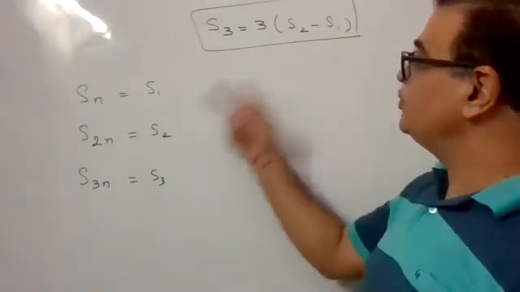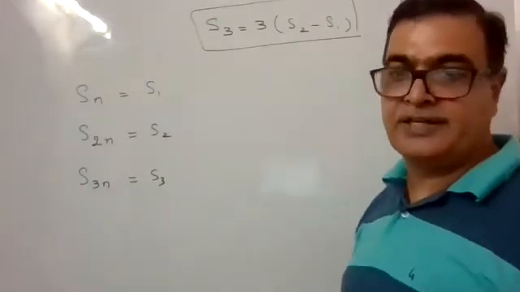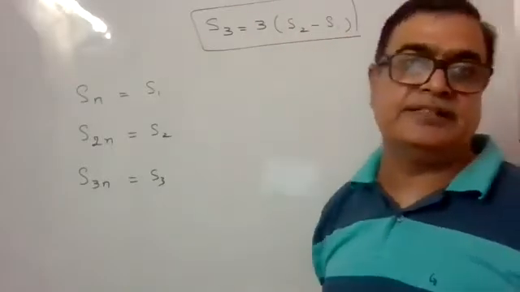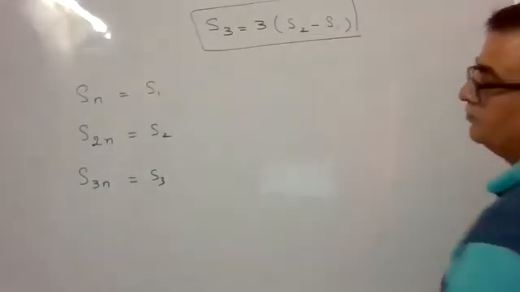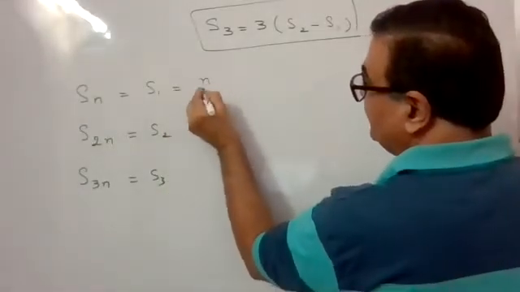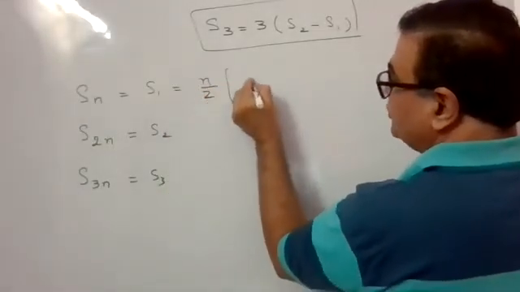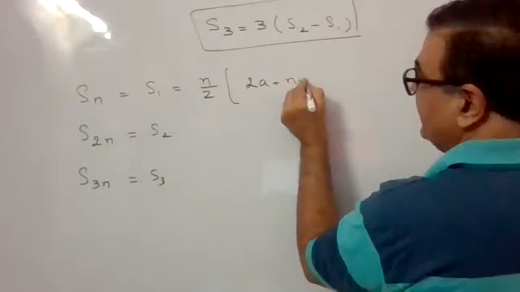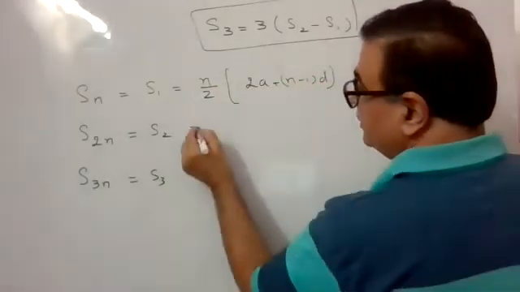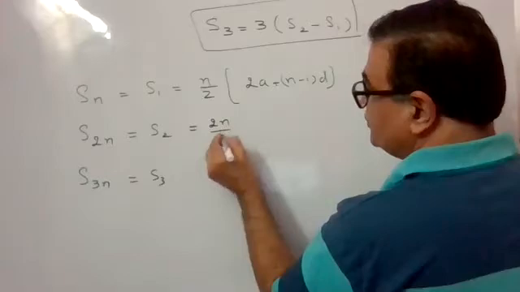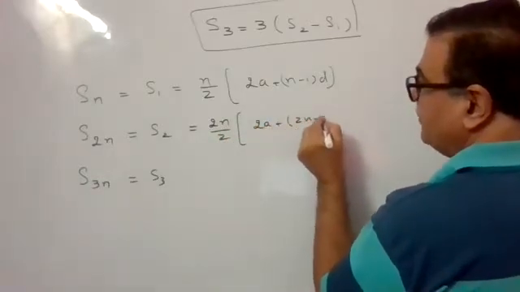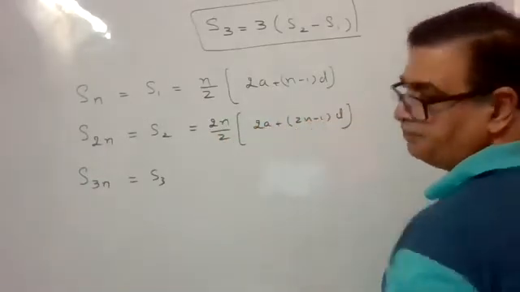So you can start from any one side and bring the other side. It is better to put the values here and try to get S3. Now, as the same AP is there, S1 will be what? It will be the sum of n terms, so n by 2, 2a plus n minus 1 into d. And the sum of 2n terms will be 2n by 2, 2a plus 2n minus 1 into d.